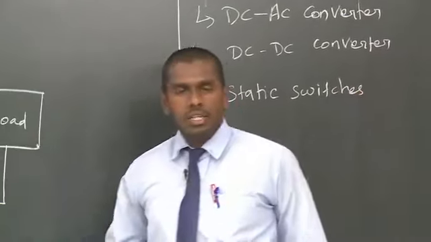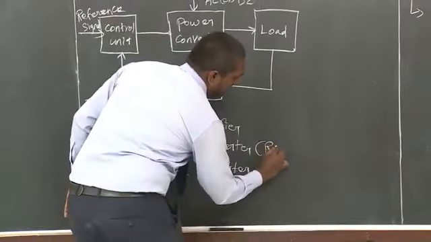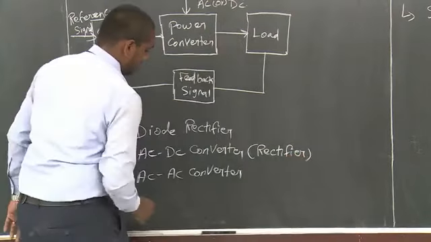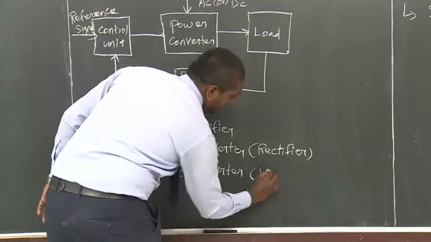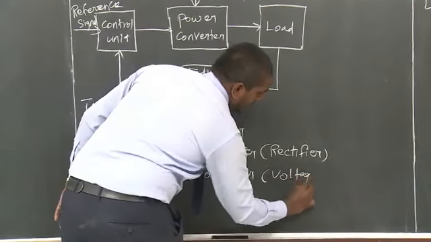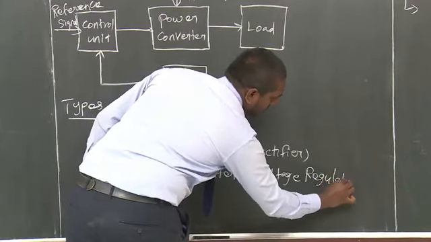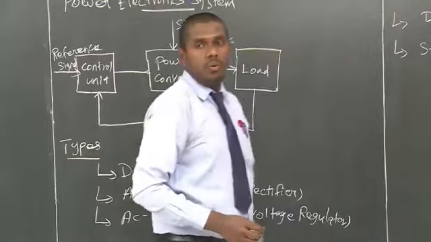The AC to DC converter has another name, rectifier. Then the AC to AC converter is a voltage regulator, or voltage controller.